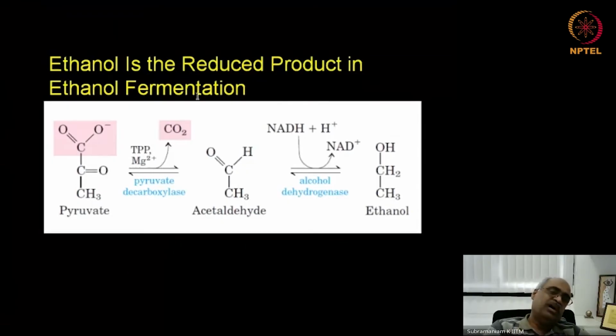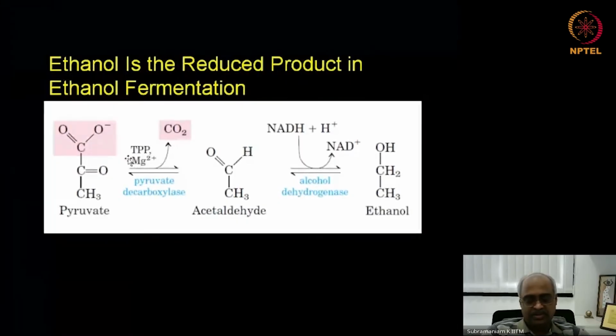And the other very important point I want to draw your attention to is that our third B complex vitamin enters the picture, which is thiamine. We have learned about nicotinamide adenine dinucleotide, where we encountered the B complex vitamin niacin.